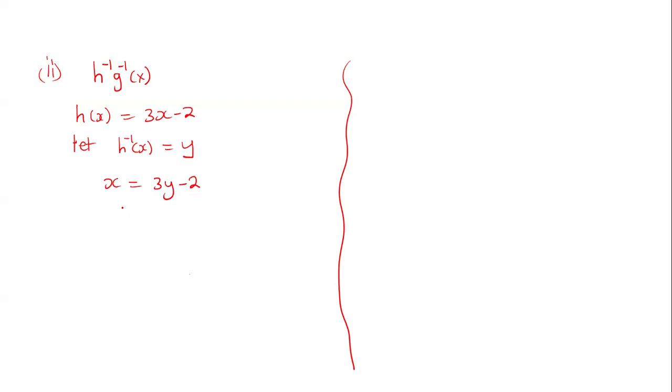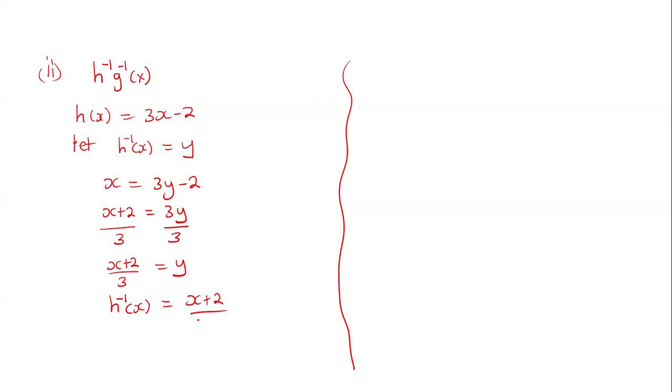So we take 2 to the other side, so it's x plus 2 is equal to 3y. Divide both sides by 3, which gives us x plus 2 divided by 3 is equal to y. Therefore, our H inverse is equal to x plus 2 over 3.